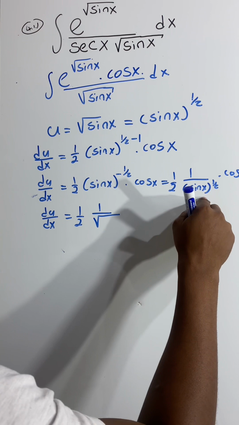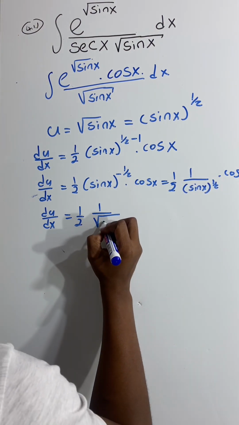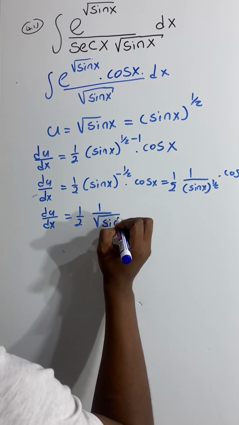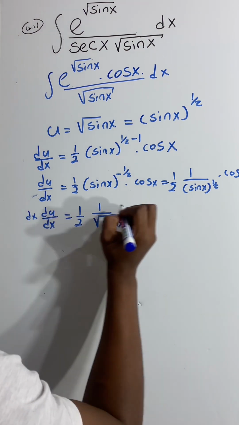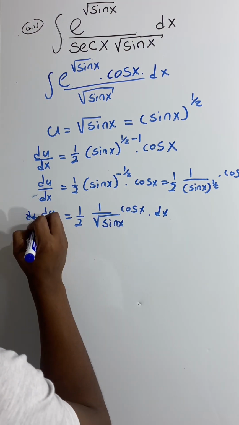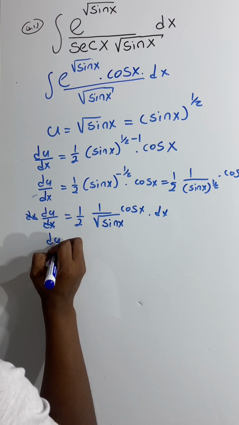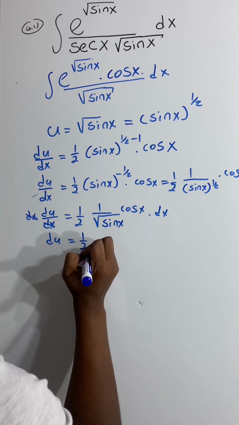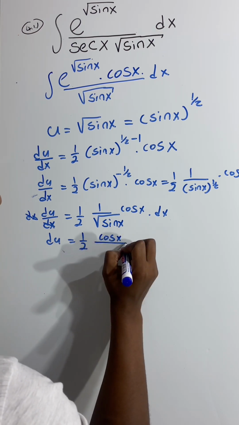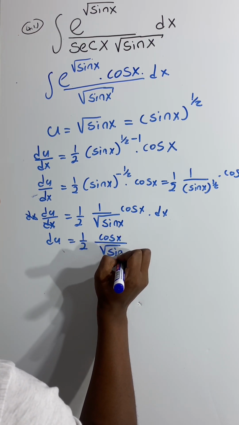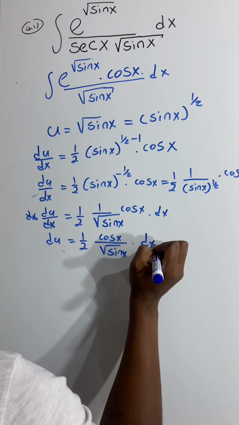We choose to write sin x to the power 1 over 2 as the square root of sin x, and we multiply both sides by dx. That dx will cancel that dx, and du will be equal to 1 over 2 multiplied by cos x over the square root of sin x dx.